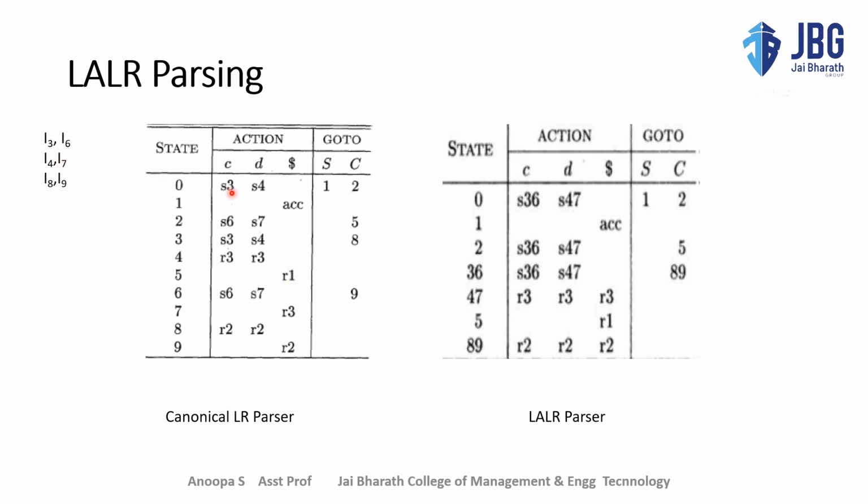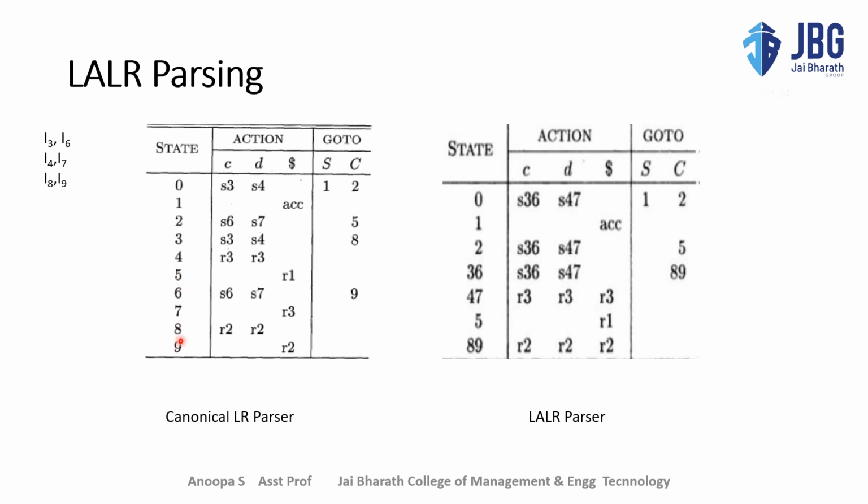So wherever you have 3 or 6 in the shift area, replace it by the new state 36. It means that on 0, on C, we have to go to state 3, and now we have the new state 36. So wherever you have shift 3, you have to write 36, which is what I have written here. Similarly, wherever you have state 6, you have to write 36.